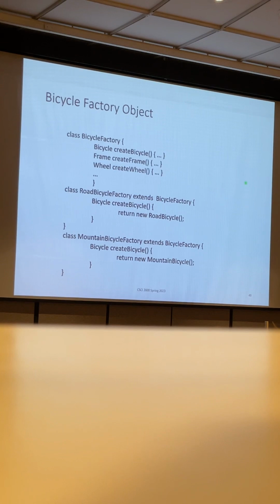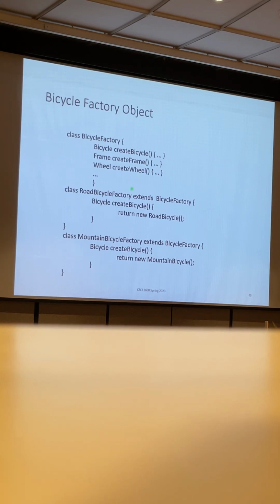more evident. All right, so remember previously we had a create bicycle method. Instead of having that single method, we now want to have an entire class which would be a factory of bicycles. So we call it, appropriately, bicycle factory, and this class has factory methods to create a bicycle, frames, wheels, and so forth.